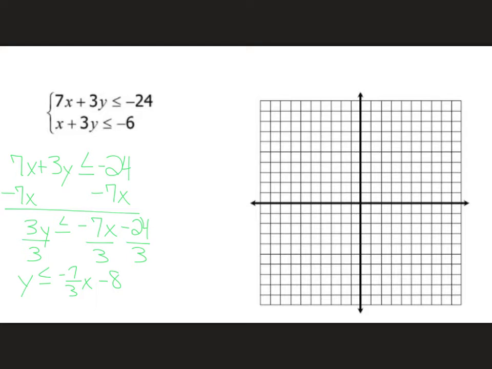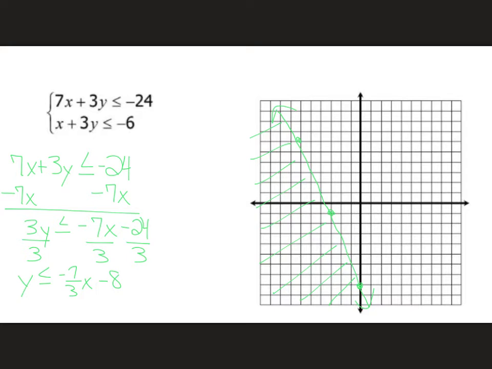Now, pause the video again and graph this linear inequality. It was a solid line. Notice I had to reverse the slope so that it would fit on the graph. And I'm looking for where y is less than or equal to that line, so I shaded from the line going down.